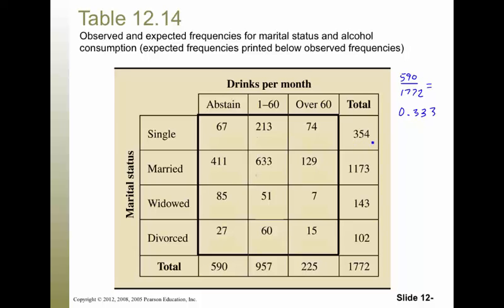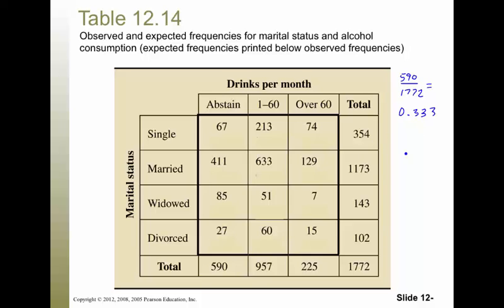So we've got 354 total single people, and we're assuming that marital status and drinks per month are not associated, they're not dependent. So how would you calculate how many single people you would expect to abstain? Yeah. So we're going to take 33% of 354. That's what we would expect if there's no influence on the two.